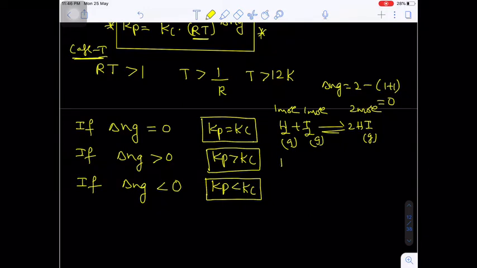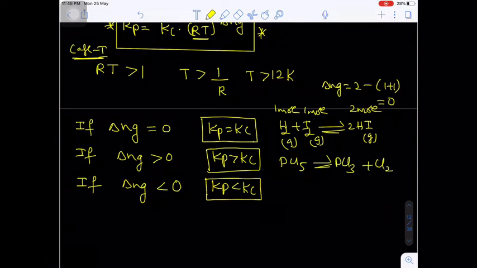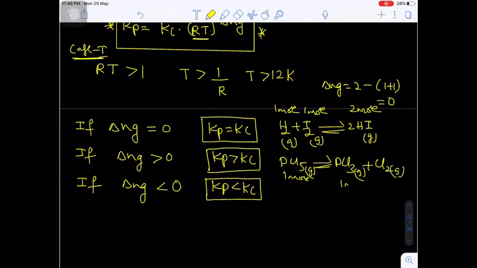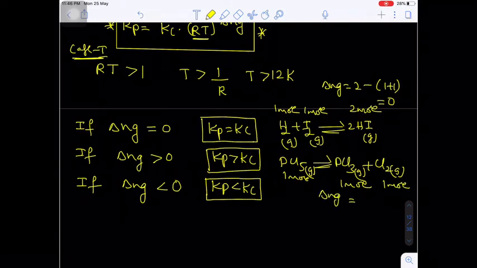Second example, PCl5 in equilibrium with PCl3 plus Cl2. Here 1 mole of PCl5 gas will give 1 mole of PCl3 gas and 1 mole of Cl2 gas. So what is the delta Ng here? Number of moles of gaseous products 2 minus number of moles of gaseous reactant 1, that is equal to 1, which is greater than 0.